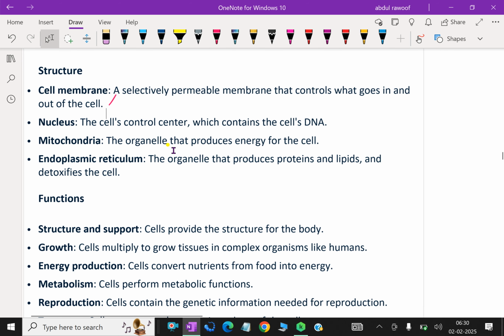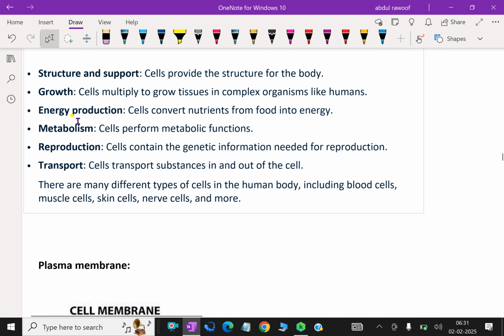The nucleus is the cell's control center, which contains the cell's DNA. Mitochondria are the organelles that produce energy for the cell. The endoplasmic reticulum produces proteins and lipids and detoxifies the cell.